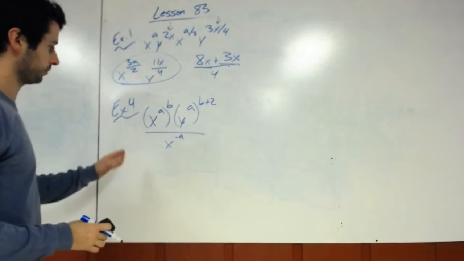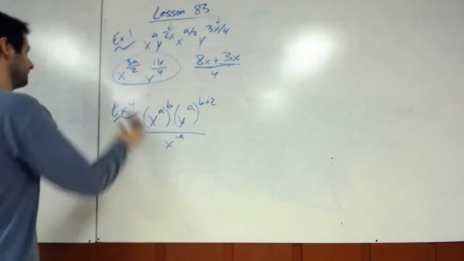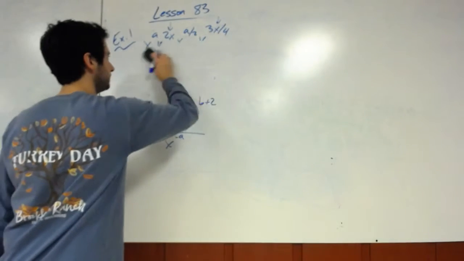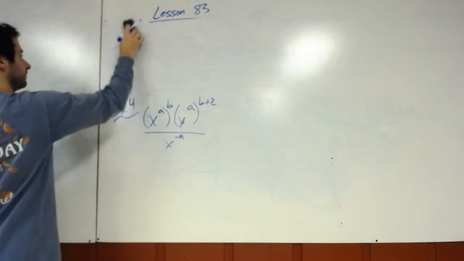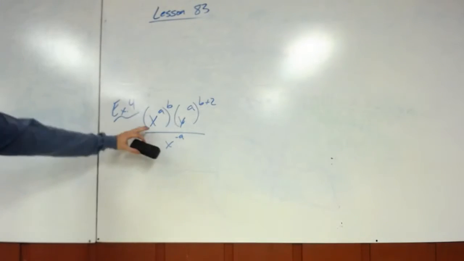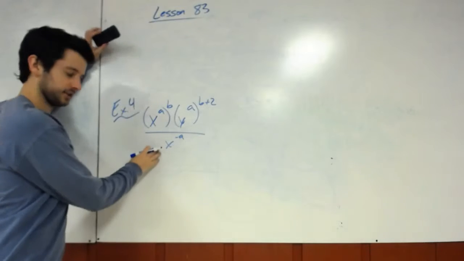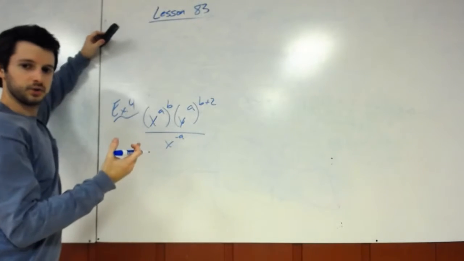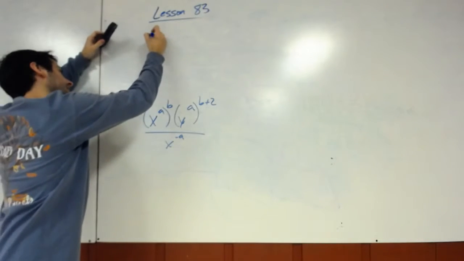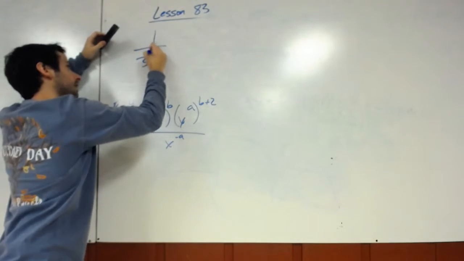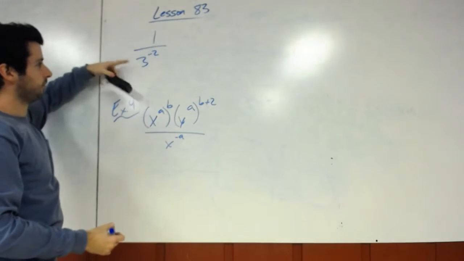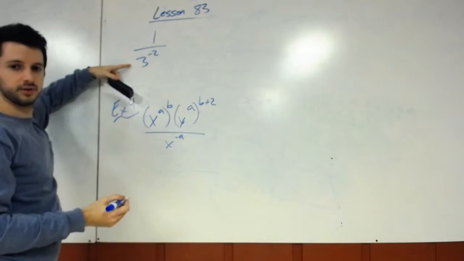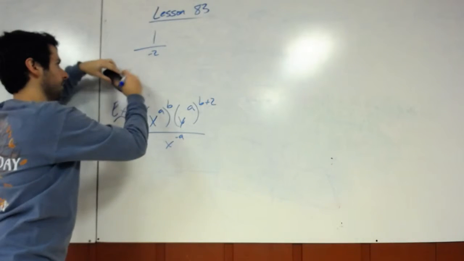Now let's look at one more example that throws a couple of different things in. Example 4. In this one, let's first talk about the denominator. We can get rid of exponents on the denominator. In the past, we've had things like 1 over 3 to the negative 2. Well, obviously you can put, let's say it was x to the negative 2.